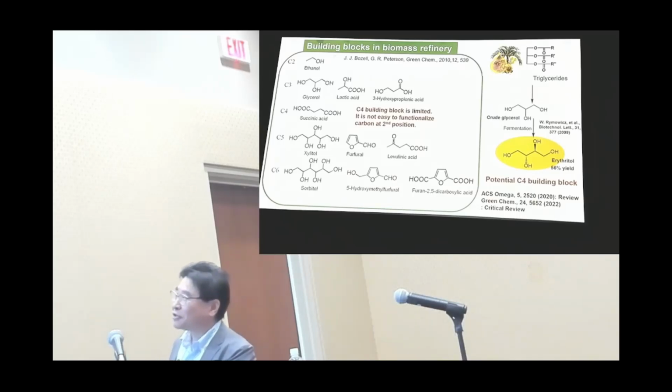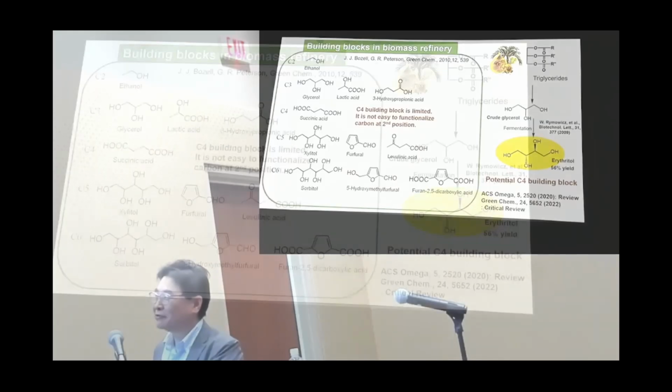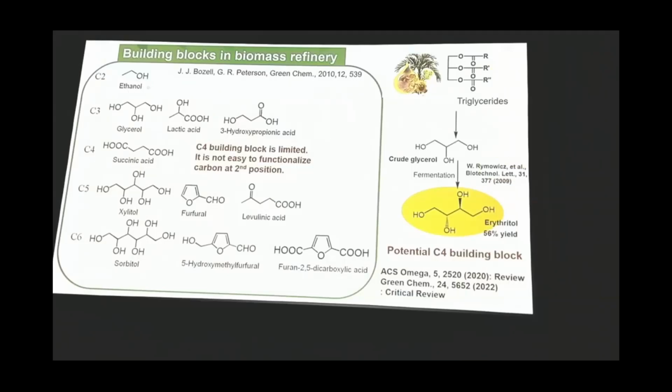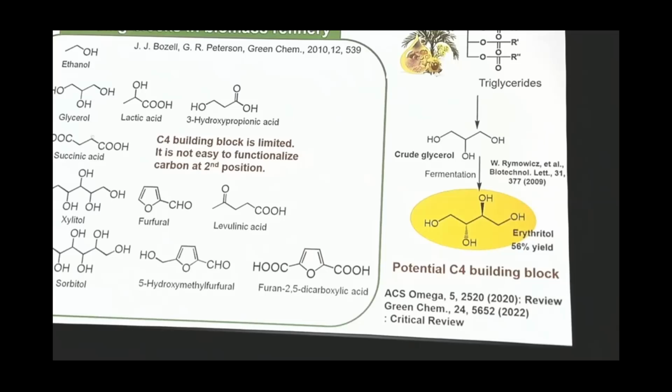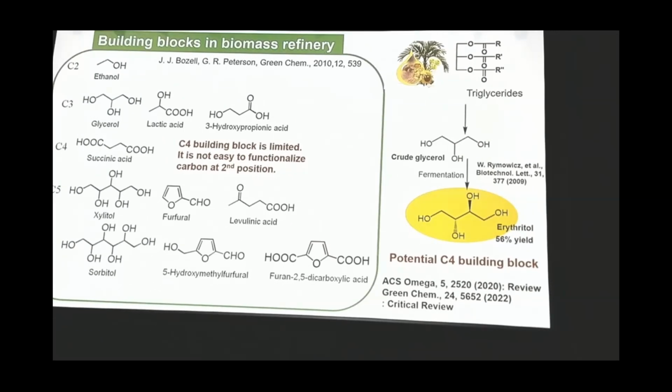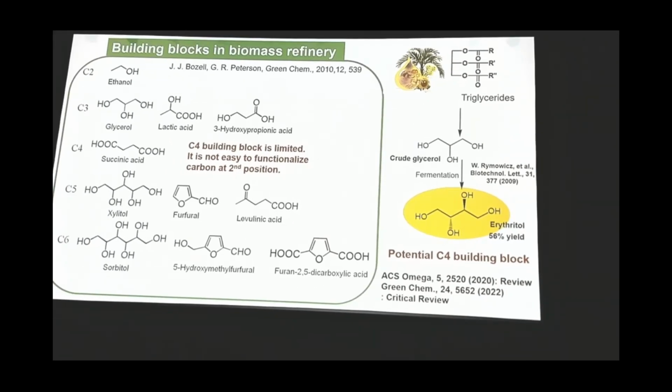These are the building blocks in the biomass refinery. These compounds are shown on the basis of the carbon numbers. You can see the C4 building blocks are so limited, and it is not easy to functionalize them at the second positions.